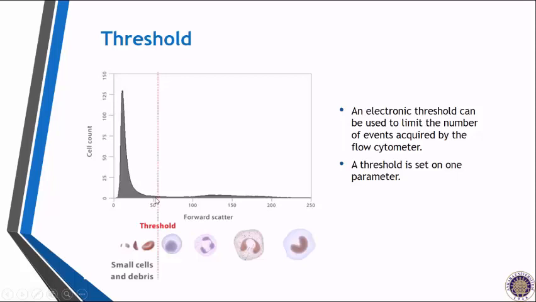When a threshold value is defined, only signals with an intensity greater than or equal to the threshold channel value will be processed and sent to the computer. On the histogram, the left side represents the small particles which are excluded. This means that the majority of the events are the cells of interest.